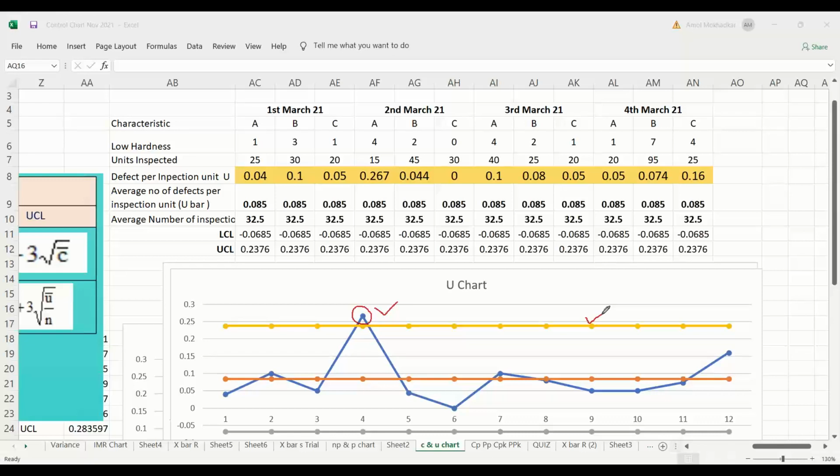No. You need to find out the cause behind this, why it has happened. What is the reason behind it? You need to remove this, means take action for this particular thing, and then again collect the data, and then calculate, and then move forward.